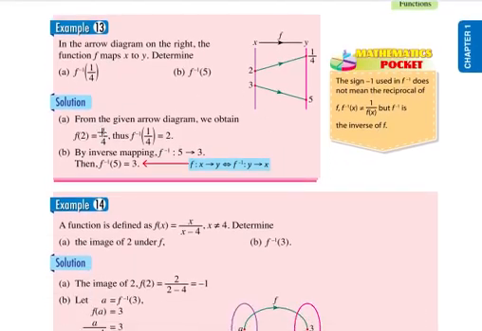Okay, let's see this example. Example 13. In the arrow diagram on the right, the function f maps x to y. Determine f inverse of 1 over 4. So now the subject is 1 over 4. You see f(2), from x to y, 2 goes to 1 over 4.